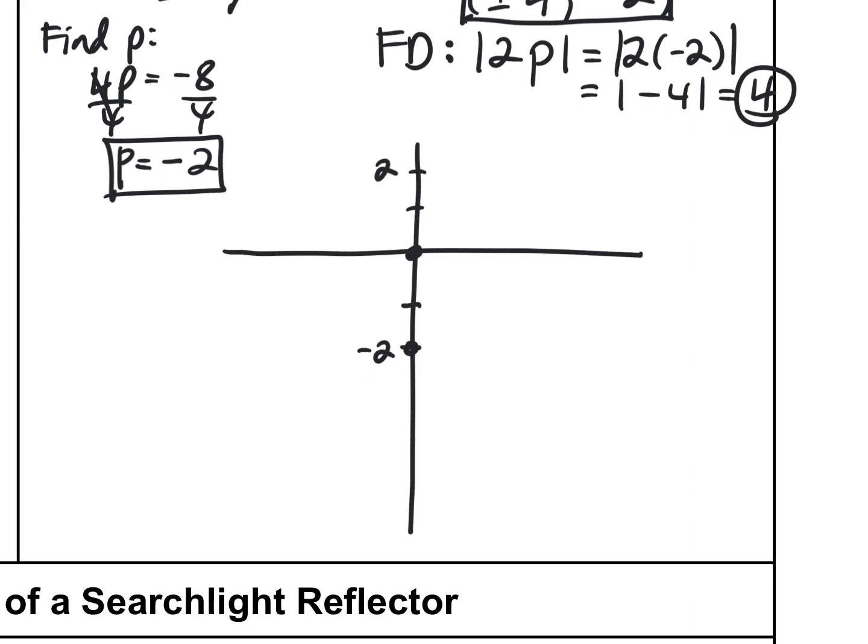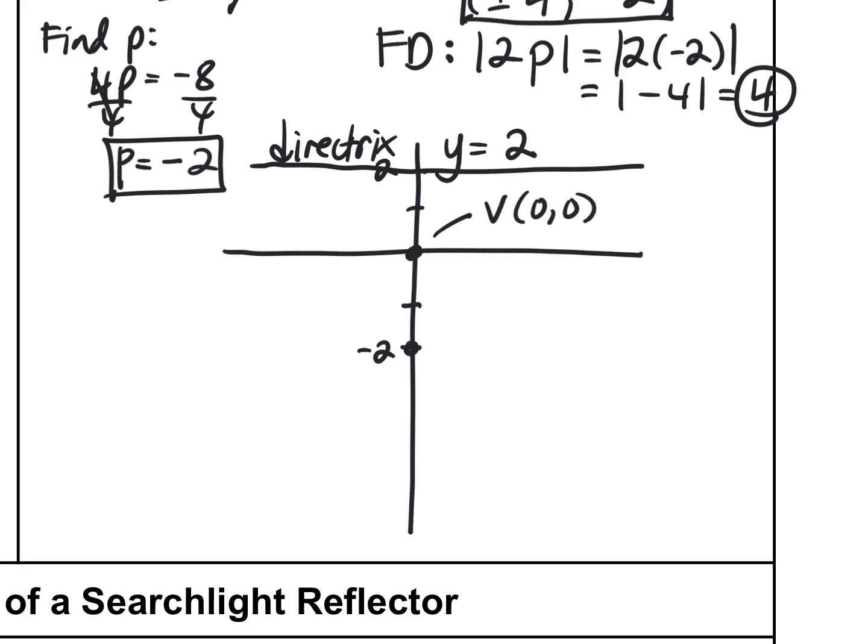This 2 is actually your directrix, and its equation is y is equal to 2. The vertex is going to be 0, 0. Of course, our focus here is 0, negative 2.